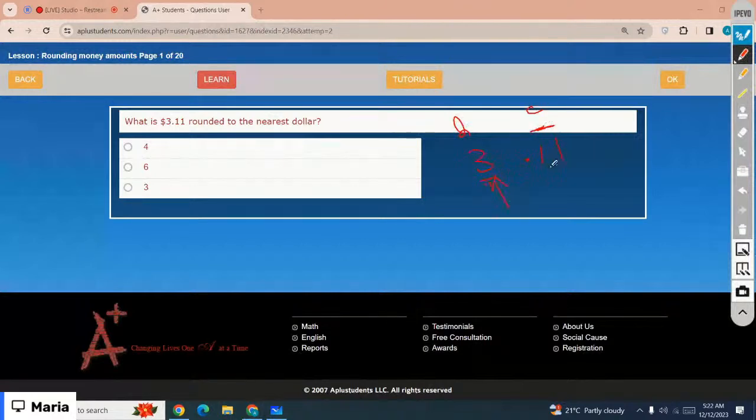This is the dollar. Right next you have 1, and 1 is less than 5, right? That means you have to round on the same dollar. So 3.11 is rounded off to $3. Got it? The correct option is 3.